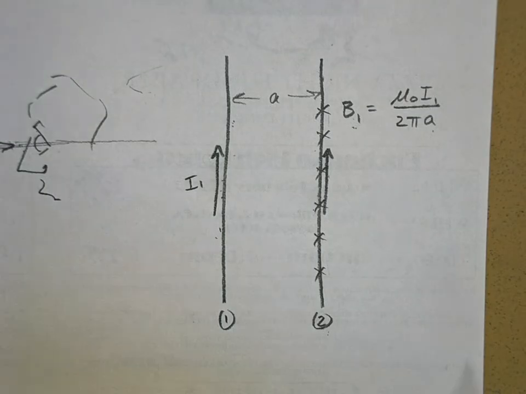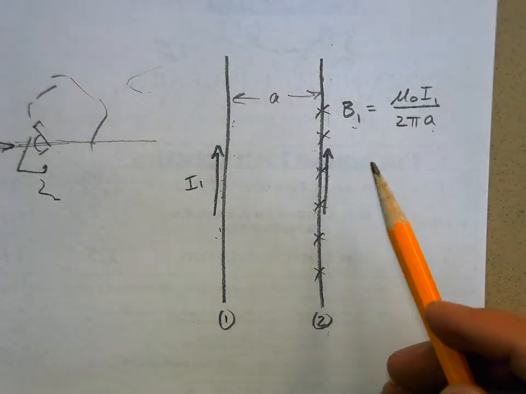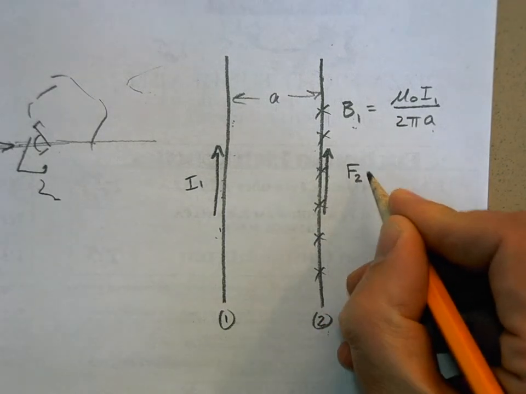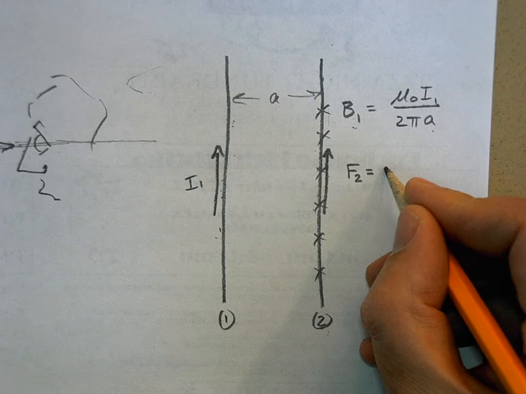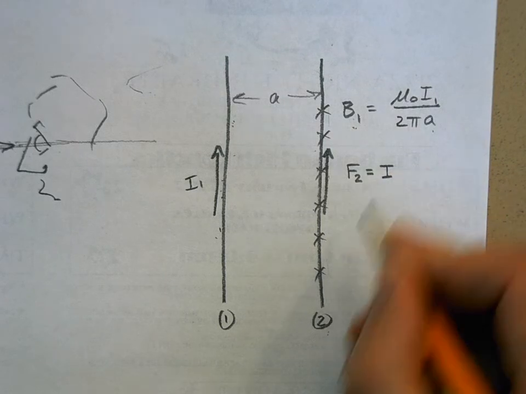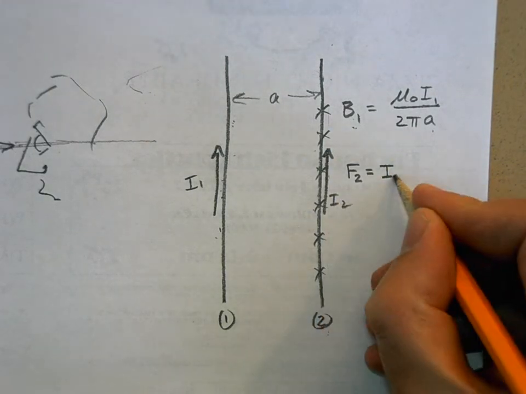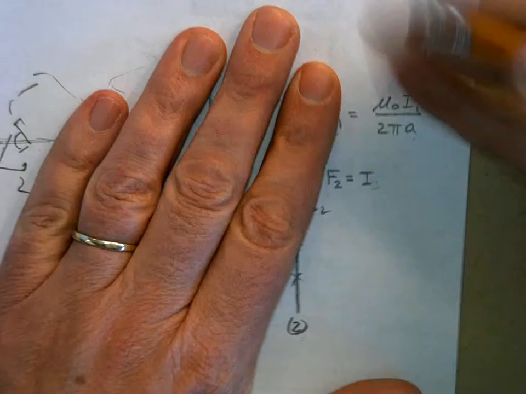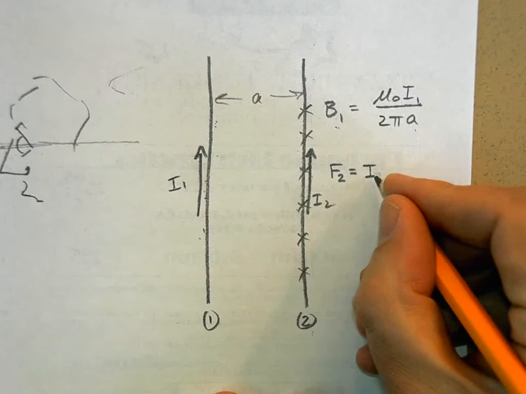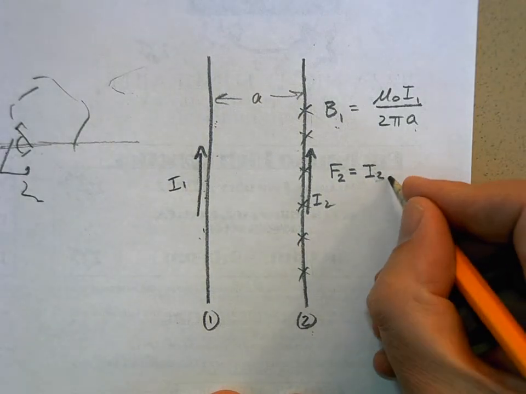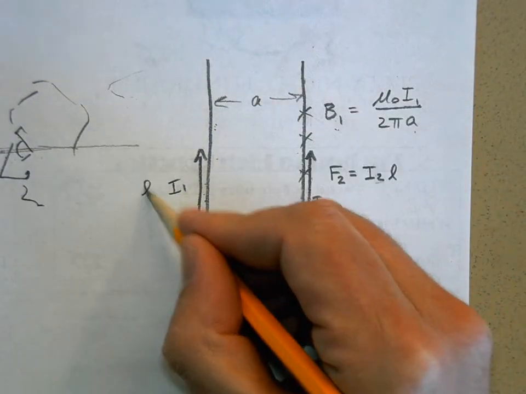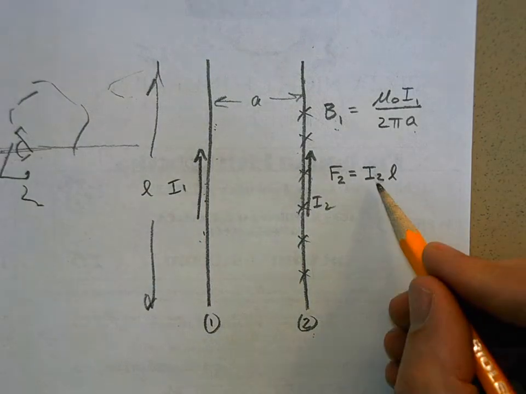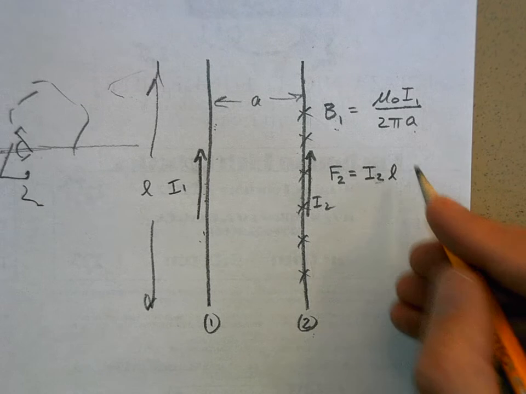Okay, well, now I can use my Phil Crosby equation. The force on wire 2 is equal to I2, this is I2, times L cross B. Now we're just going to give these a length of L. Let's say they're parallel, but they have the same length.